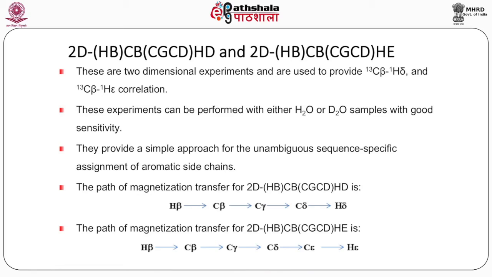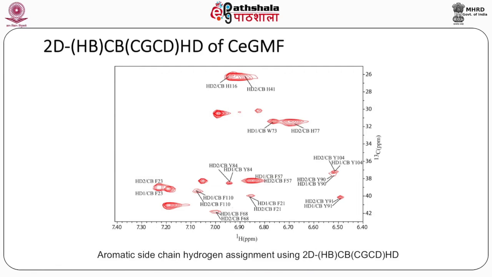Then you have other peaks that come from the C beta, H beta correlations, and in the region from 3.5 to 5 ppm you usually have C alpha, H alpha correlations. So this is what the 2D C13 proton HSQC spectrum looks like for the aliphatic region.